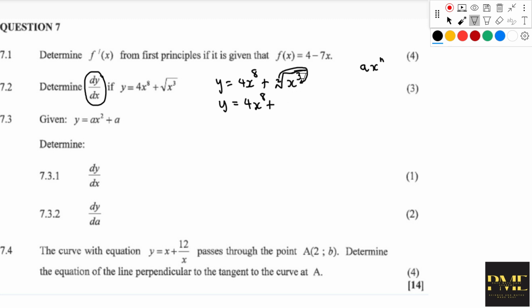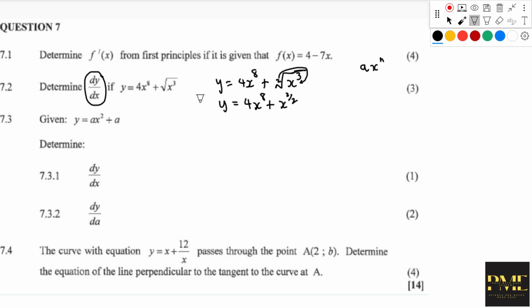So in other words, to remove the root sign, we change it to x exponent 3 over 2, guys. Okay, so this 2 goes down to be the denominator. Now we can see it's right: we've got x, we've got an exponent, with the constant 1 here, and 4 there.